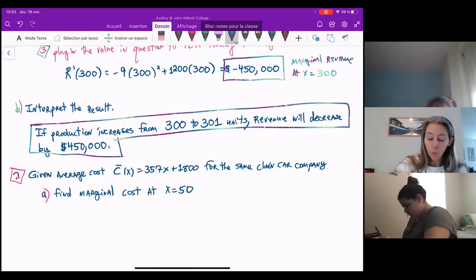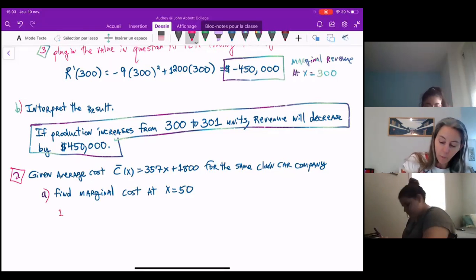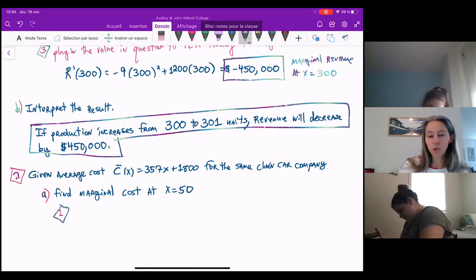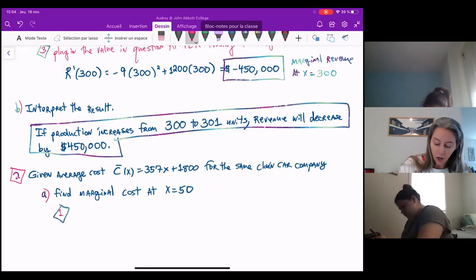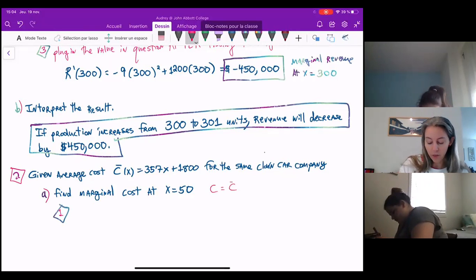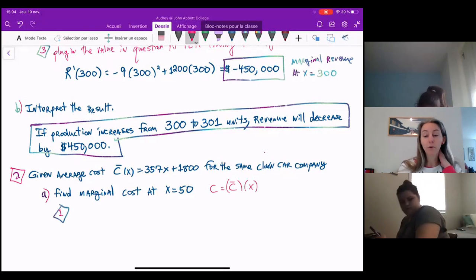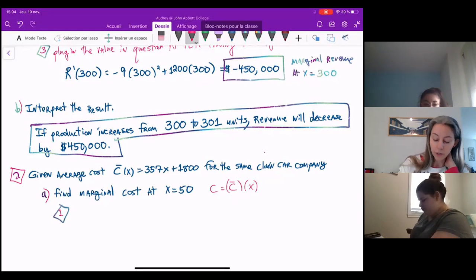Okay, so we're going to follow our same steps here. Step 1: I was given average cost, but I'm asked to find marginal cost. So I need to start off by finding the cost function. I know that the cost function is equal to average cost times the number of units. That was the second formula we saw earlier today.